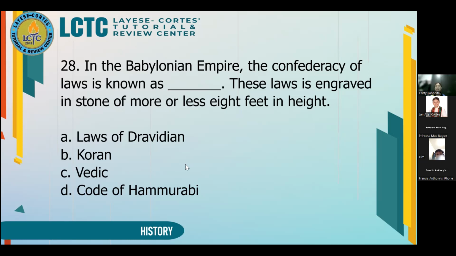Yes, very good. So this is a collection of laws that he gathered and compiled, written on a stone more or less 8 feet in height, and he named it the Code of Hammurabi.